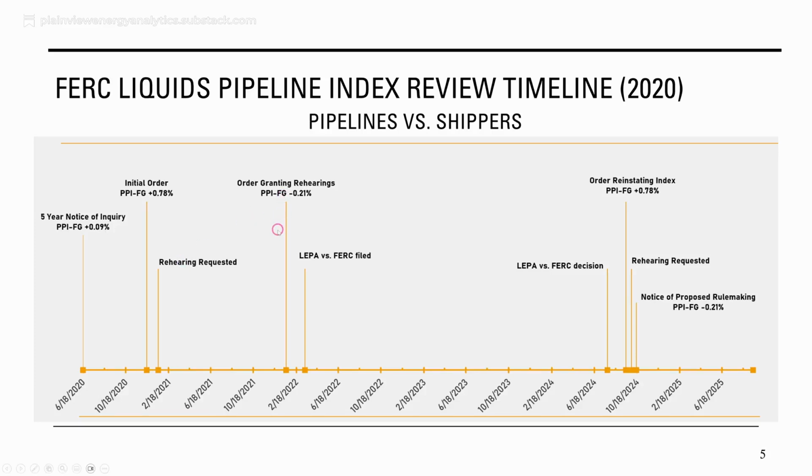Well, FERC, and we'll just back up a minute. I would note here, and we may get into this later, that there was a regime change here. So we had an administration, the first Trump administration, ended at the end of 2020, right about when this was put out. And then the Biden administration came in. So we have new FERC commissioners that are deciding between this point here and this point here.